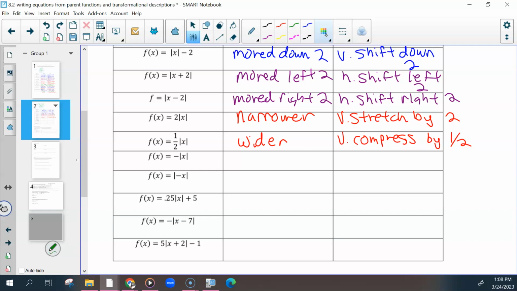It flips upside down? Yes. And that rule? Now, you can probably guess what this next one is, but I want to show you what it would look like.